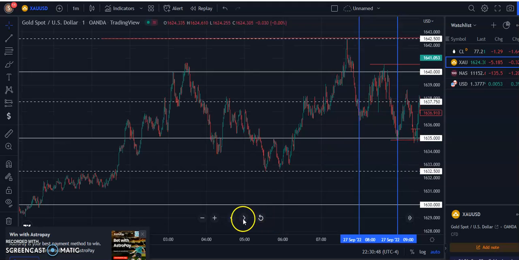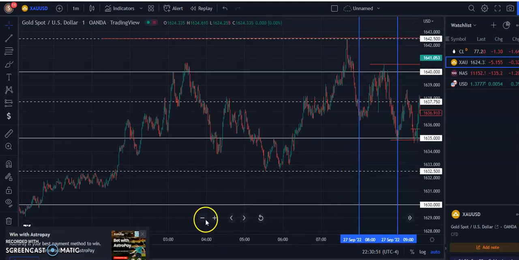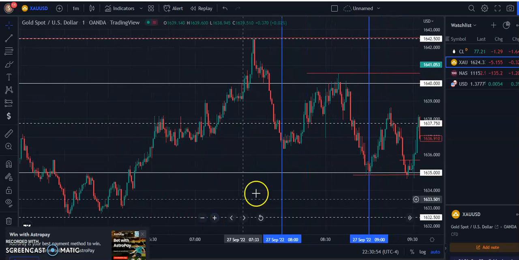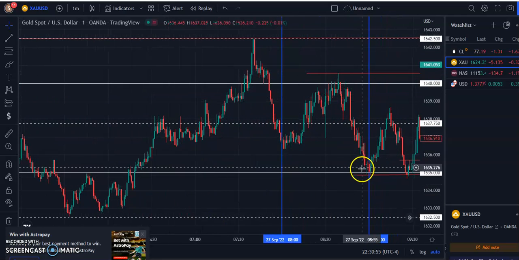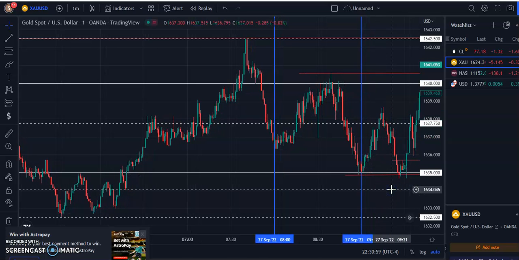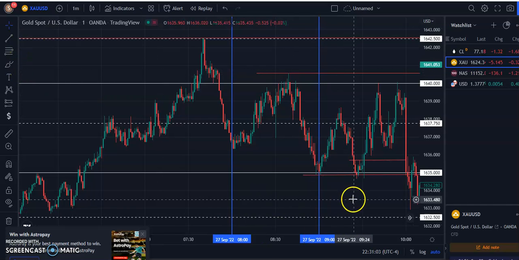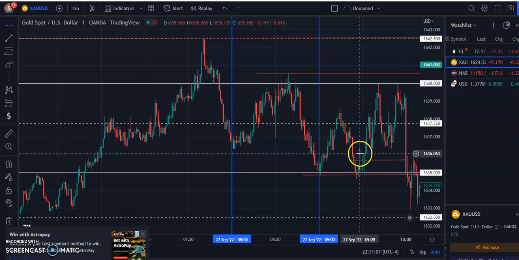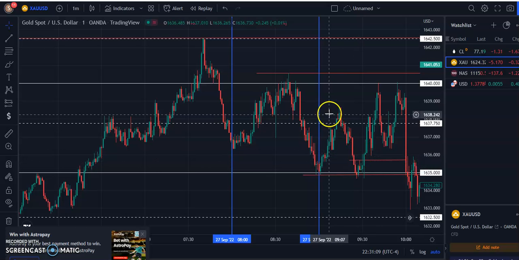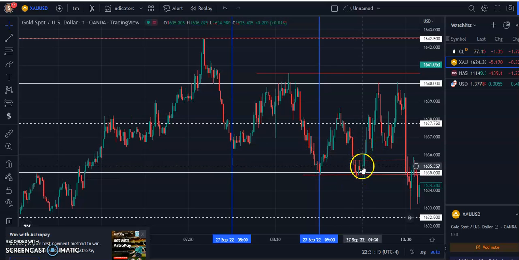Now, the procedure is still the same. The high of the day, the low of the day is somewhere down there. And then the first hour sets the high and the low of the session. And then, as you can see, the market gave us break of structure. The market came and tested the low of the session here, gave us a W pattern.